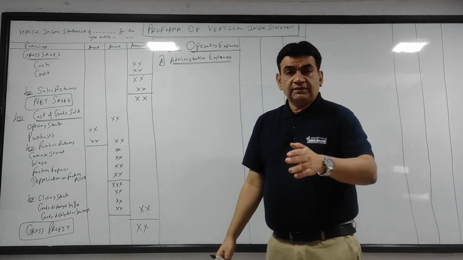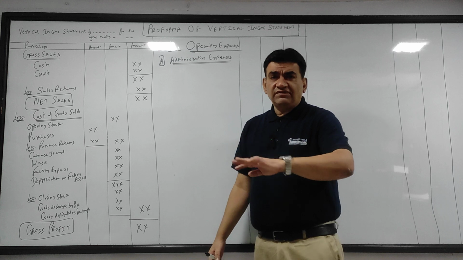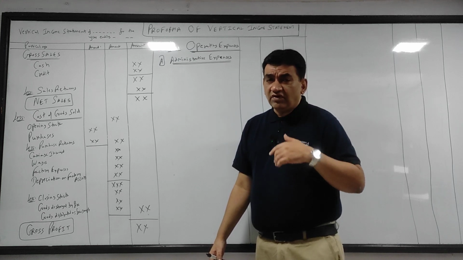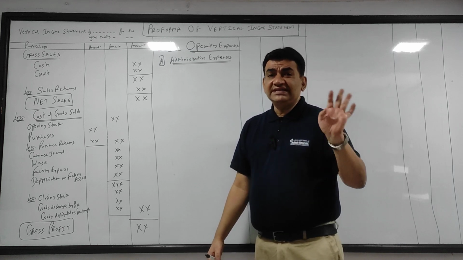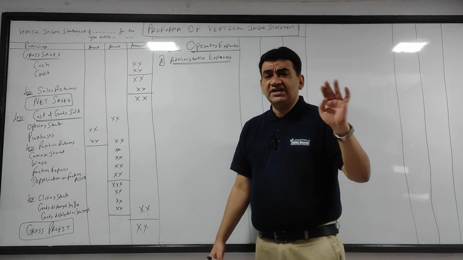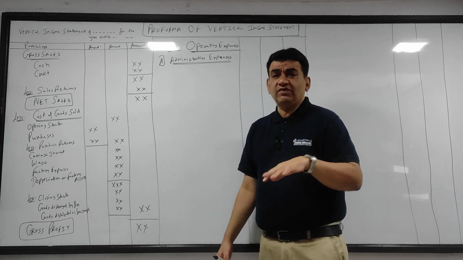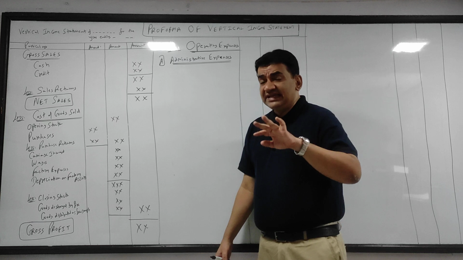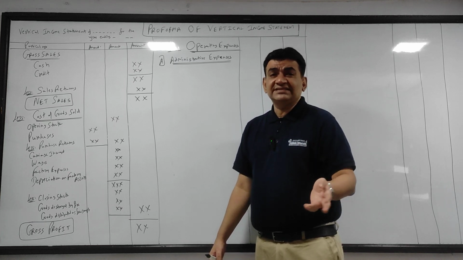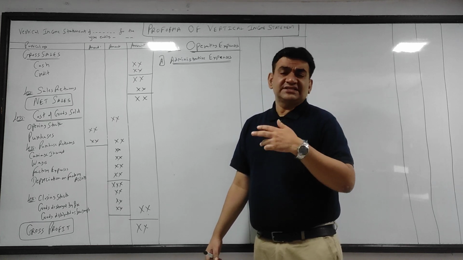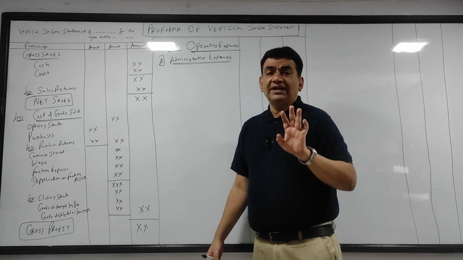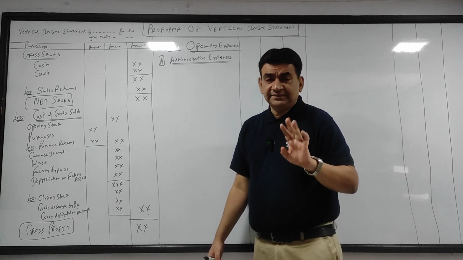I'll repeat: office salary, rent, office rent, audit fees, legal charges, accounting charges, postage, telegram, telephone, courier, professional fees, general expense, sundry expense, all comes in that.